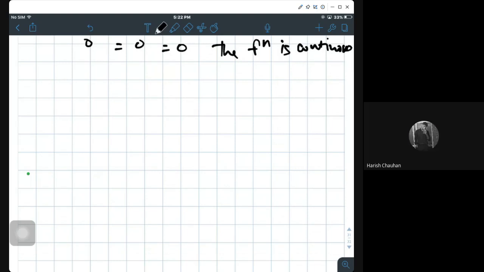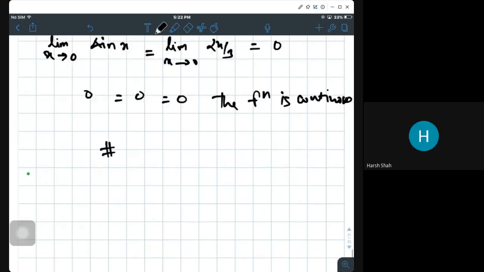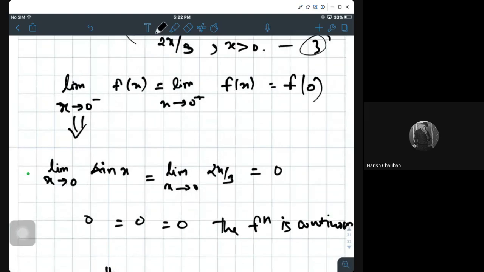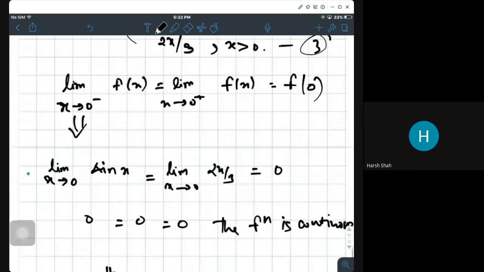In continuity, whether it is LHL or RHL, we just need to put the value in the function. If you put the value in the function and you get a direct value, well and good. But if you get any of the indeterminate forms, you have to solve further.